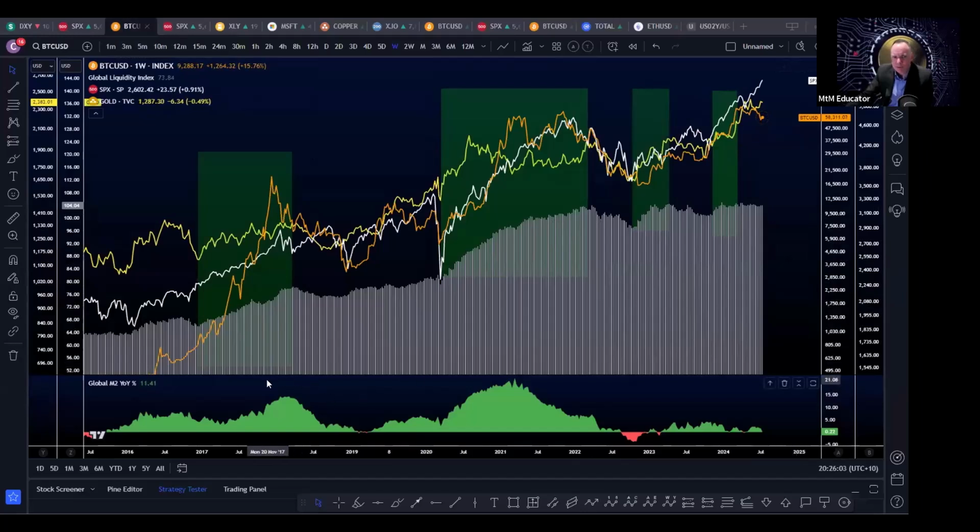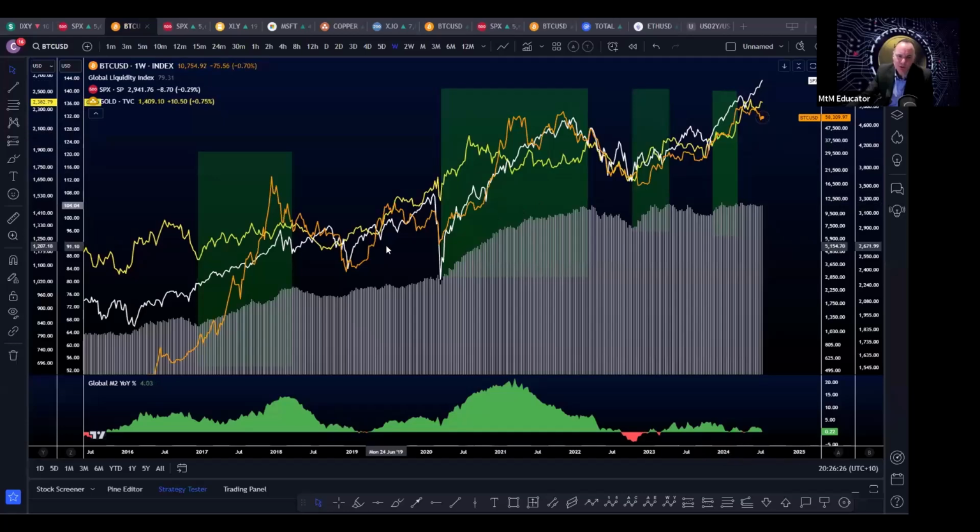And what we tend to see is global money going through ebbs and flows, and it has a significant impact on the market. I've charted 3 things up here. The white chart is the S&P 500. The yellow chart is gold, and the orange chart is Bitcoin.